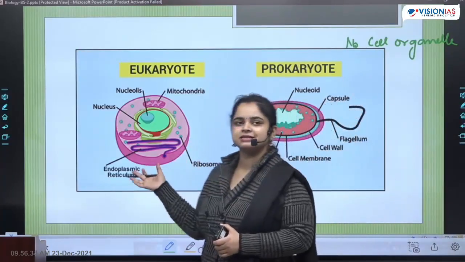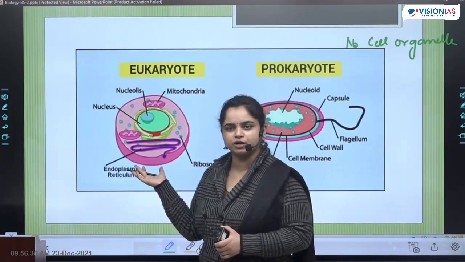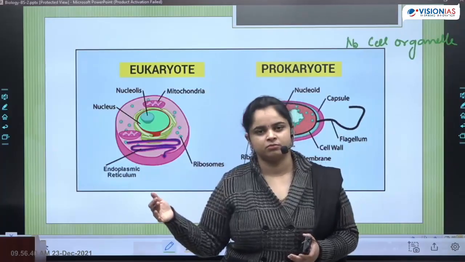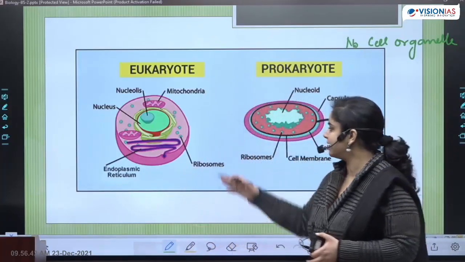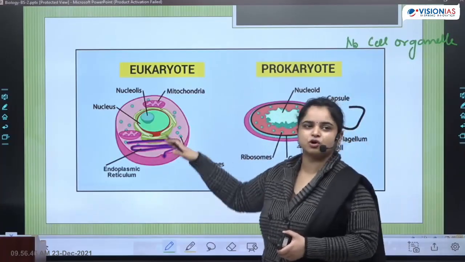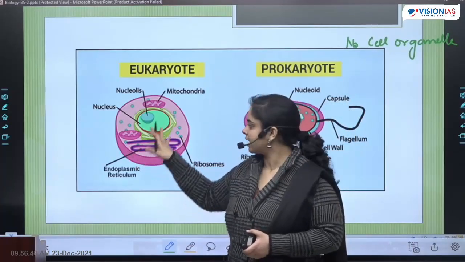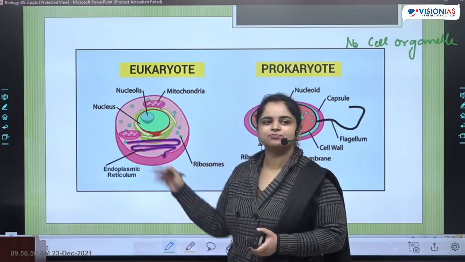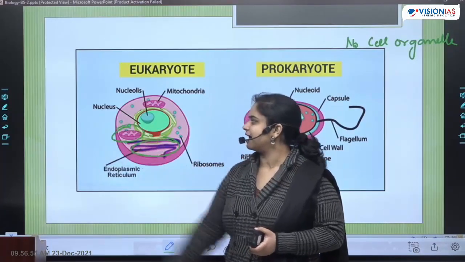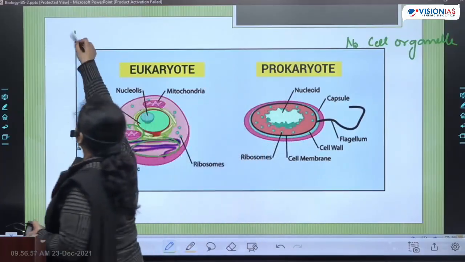In this second structure called the eukaryotes, these were the cells which developed later on. Presently in the world we have both these types of organisms, but most organisms are of this category. They have developed a specialization. These different colors which you see, these are actually the cell organelle.